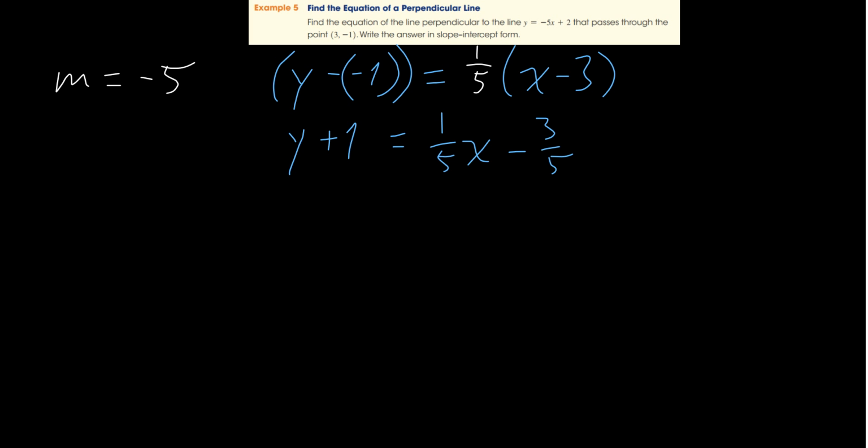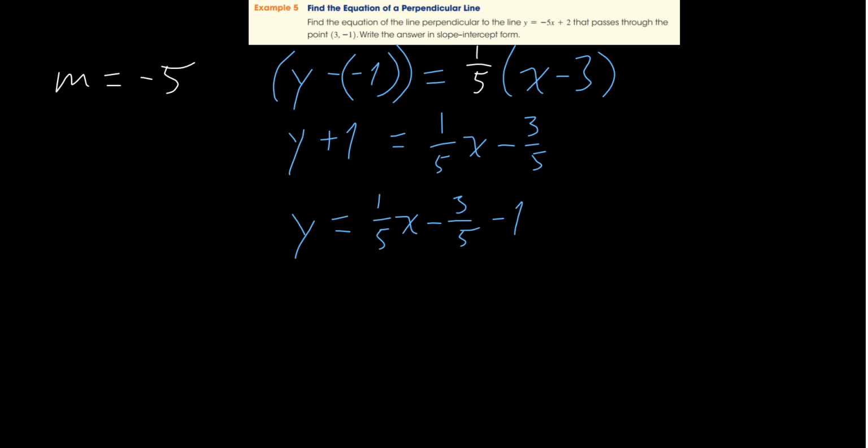My 5s are horrible right now, but we're just going to roll with it. Now I'm going to subtract 1 from both sides. So I've got y is equal to 1/5 x minus 3/5, and then I subtracted 1.